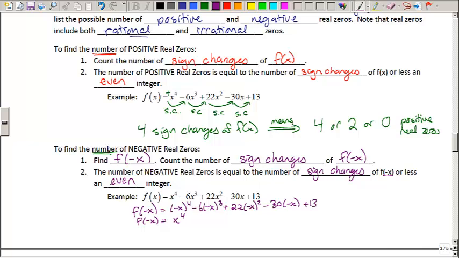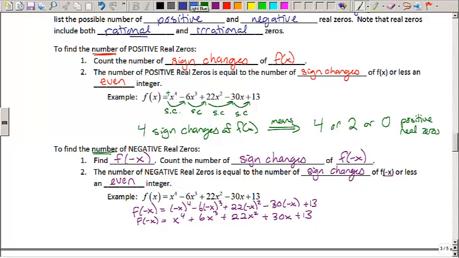When I cube negative x, I get negative x cubed times a negative 6 is a positive 6x cubed. Squaring negative x, I get positive 22x squared. Negative times a negative is a positive 30x plus 13.